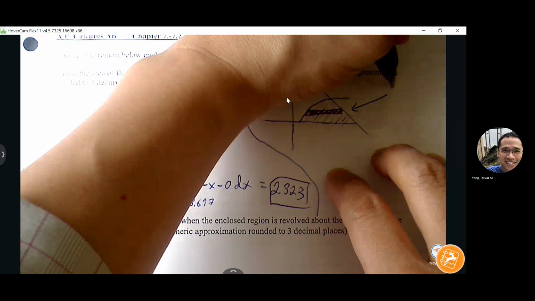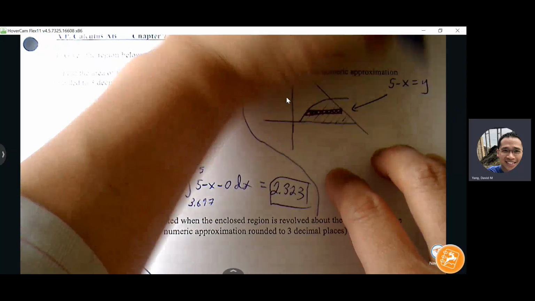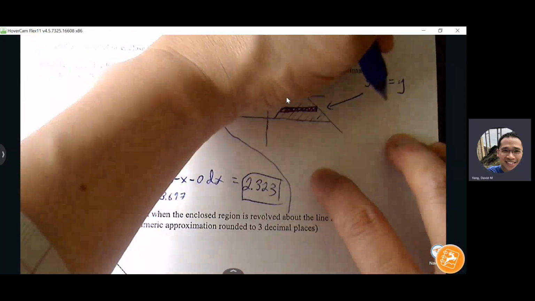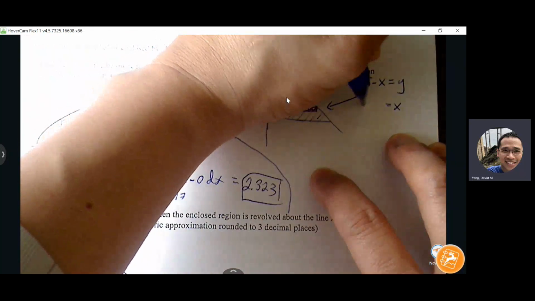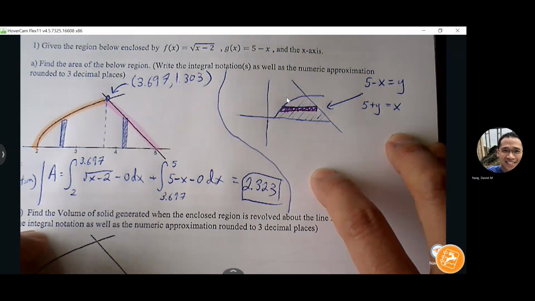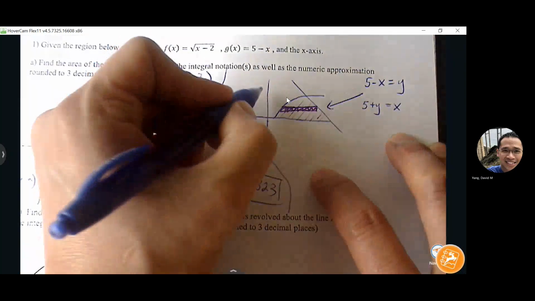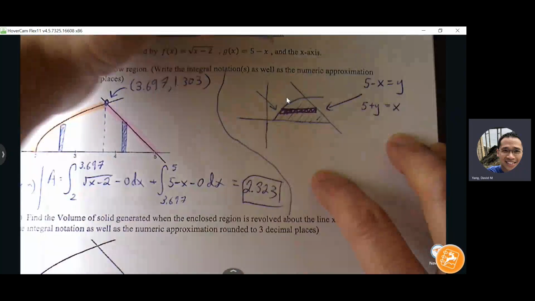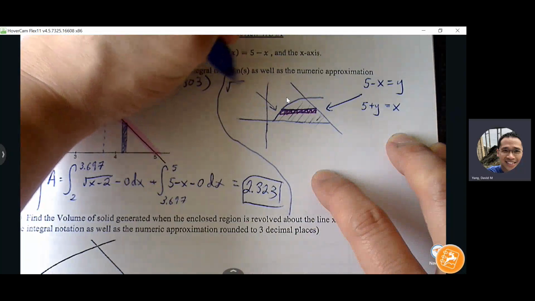I have 5 minus x equals y, or y equals 5 minus x. If I solve for x, I get x equals 5 plus y. Okay, for the curve, we have root x minus 2 equals y.